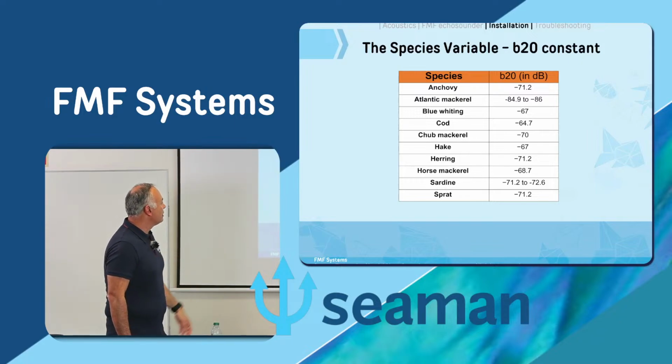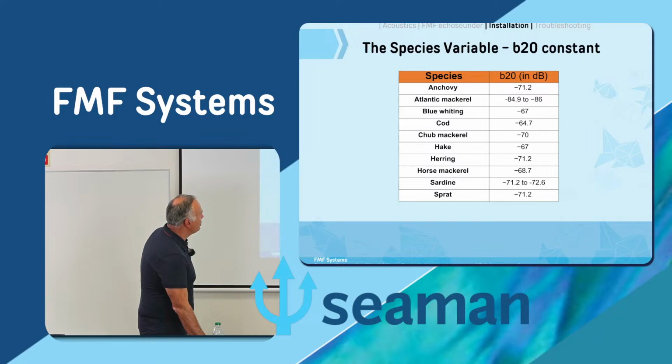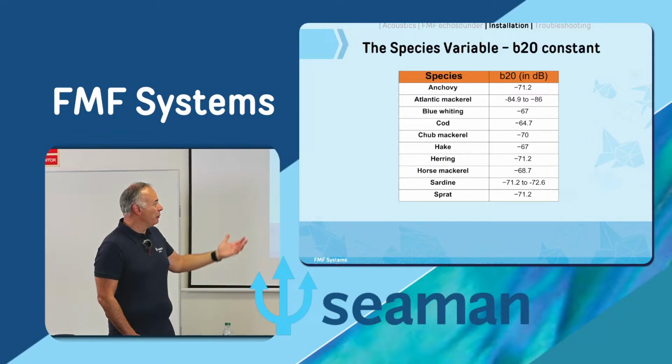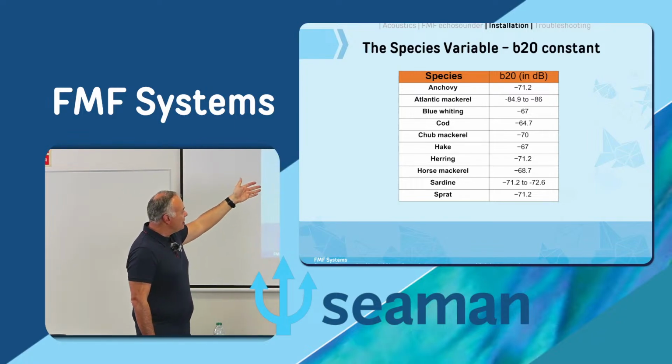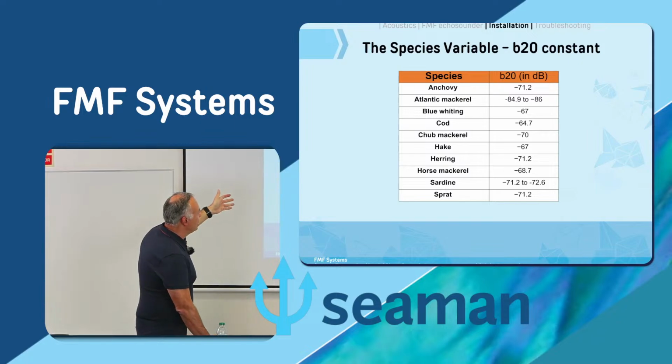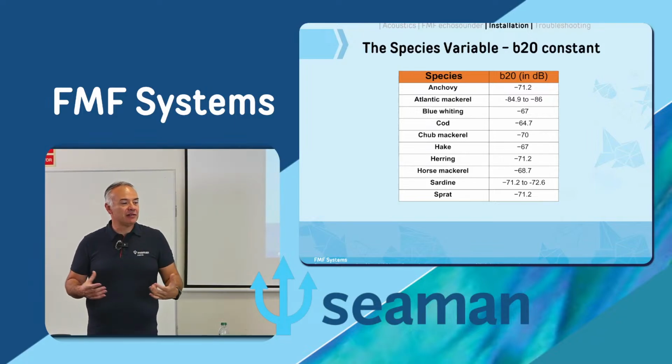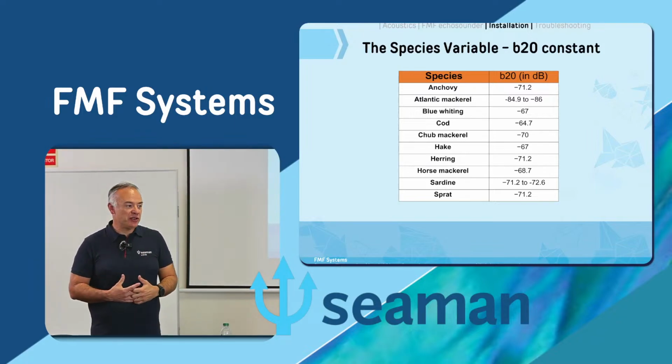You see there are different species. Some manufacturers like Simrad created what they call a whitefish species, a generic species in which they cover cod, blue whiting, and so on, some compromise solution they found to cover different species.